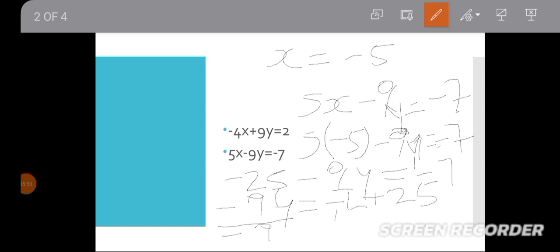So we divide both sides by negative 9. Negative 9 cancels itself, and negative 9 into 18 will leave us with 2, but this will be a negative 2, because whenever dividing or multiplying a negative and a positive, it will always be a negative. So y is equal to negative 2, right?